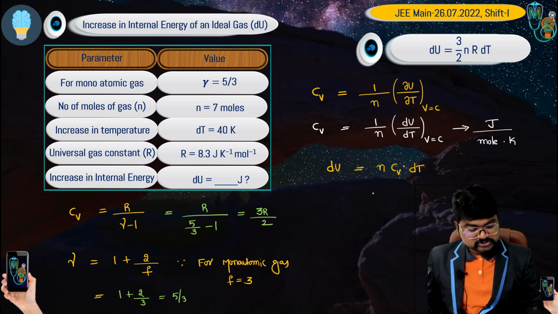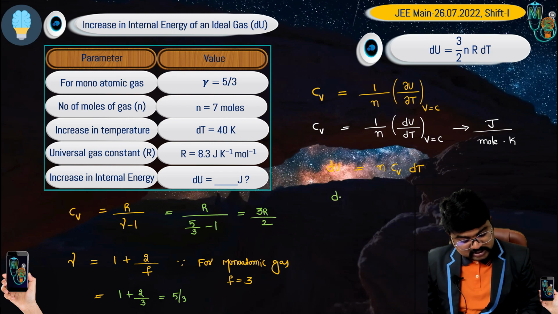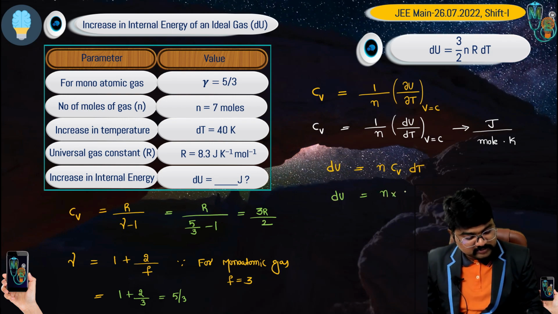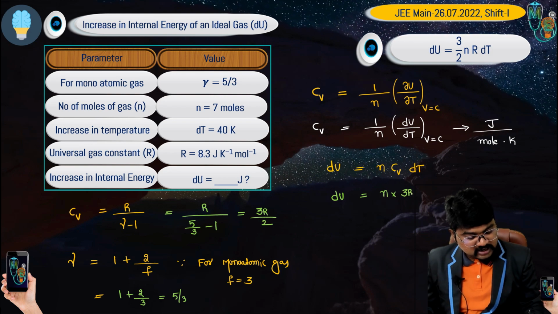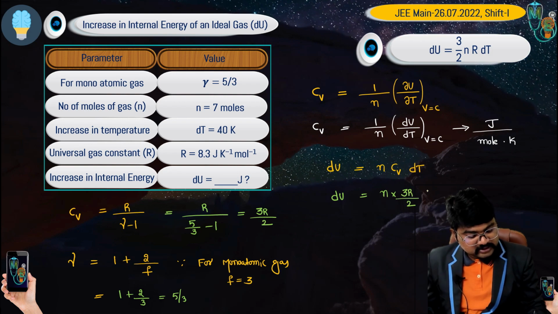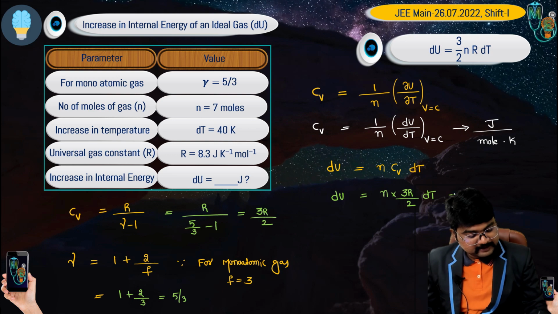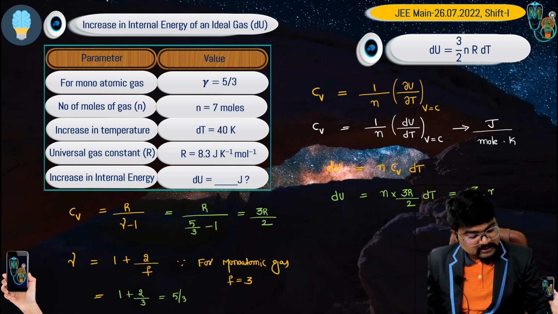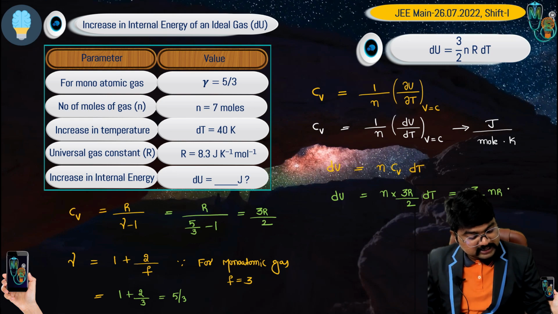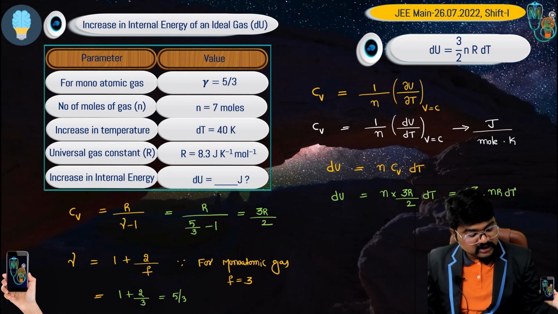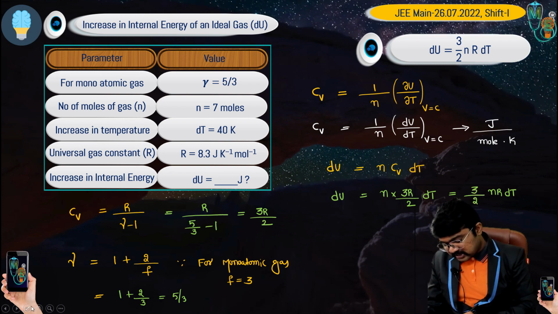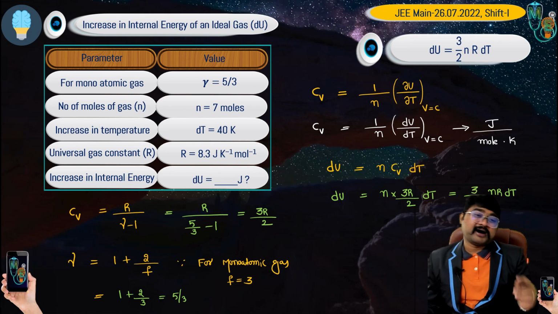3R by 2. So now substitute dU equal to n into 3R by 2 into dT, equal to 3 by 2 nR dT. So generally here R is given actually R bar.